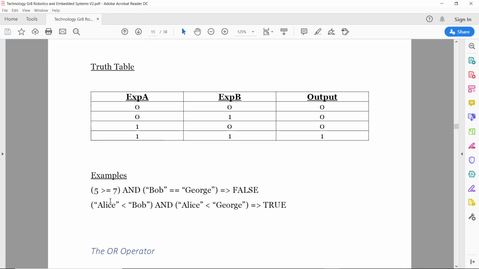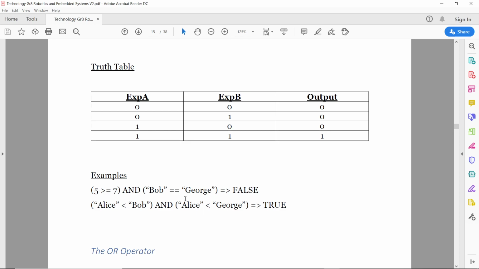So here, if we're doing an alphabetic comparison, A in Alice is less than B in Bob, so the answer to that statement is true. This first piece, Alice is less than Bob, is true. And Alice is less than George.